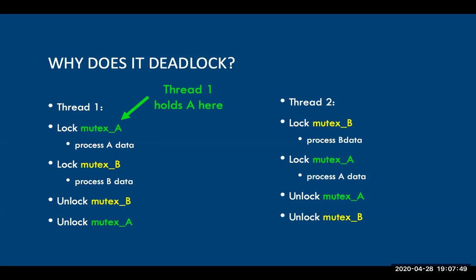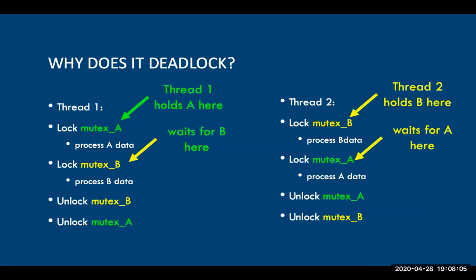So thread 1 is waiting for A to become available. Meanwhile, thread 2 comes along at the same time and tries to get B, and it's waiting for B to be available, and maybe it's not available. So the two threads are essentially waiting on each other, and we can't continue.